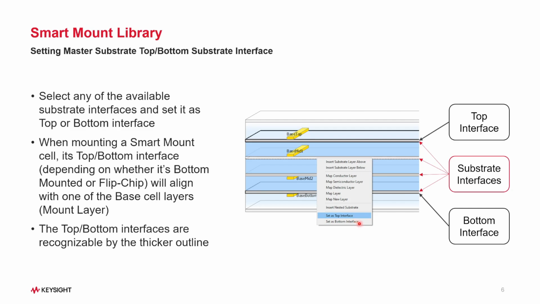And once you select one of these, you can notice that the interface will have a thick, let's say, black line outline compared with an interface that is not selected as top or bottom interface.